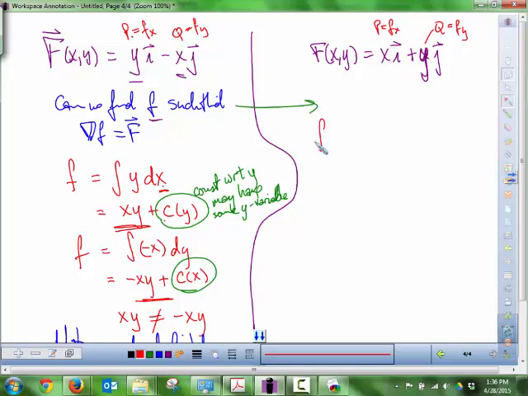So we're saying if we take the antiderivative of x with respect to x, that could be our possible function, right? And so this turns out to be 1/2 x squared. Plus, indefinite integral, there might be some y constants there, because with respect to x, y is a constant.